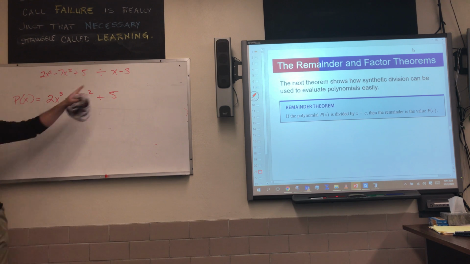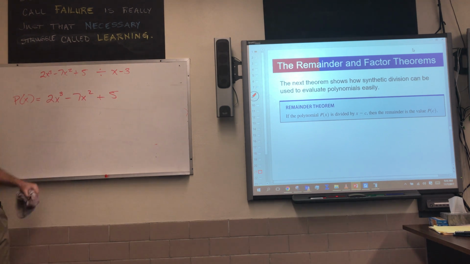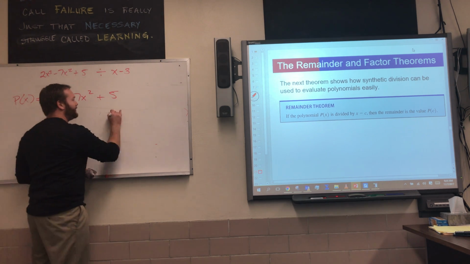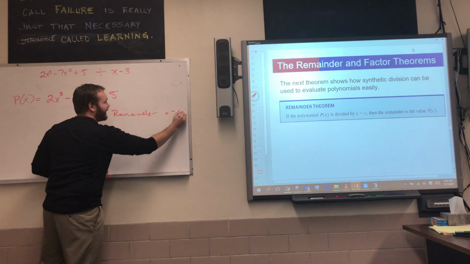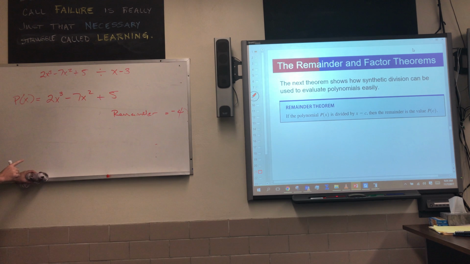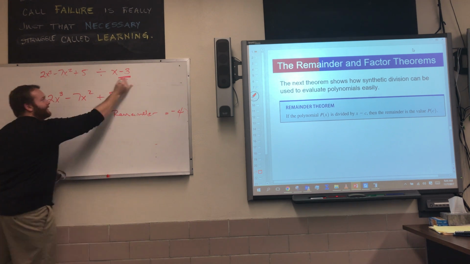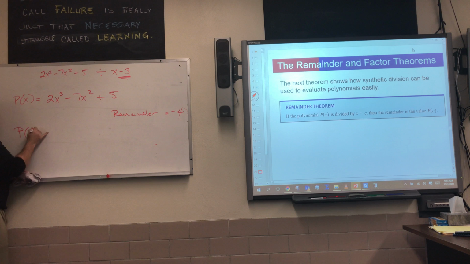When I find the remainder of that function, I found the remainder to be -4. That -4 is exactly the same thing as if you would take p and evaluate it at c. Does that make sense, everybody? So if I evaluate this function at 3, I should get -4.